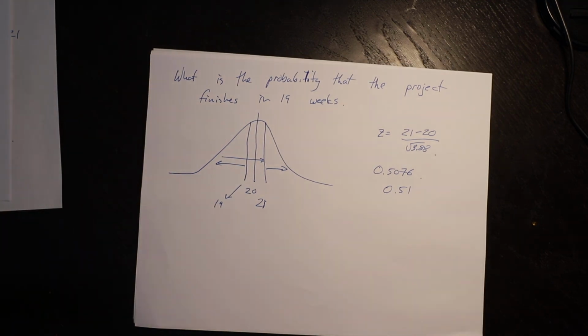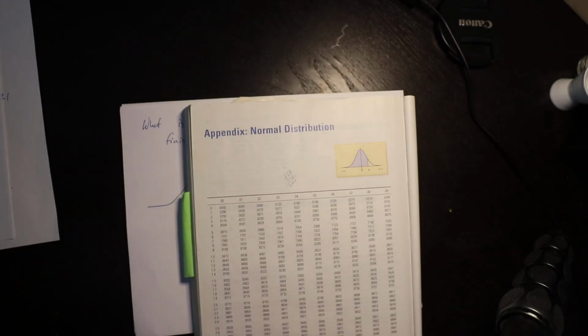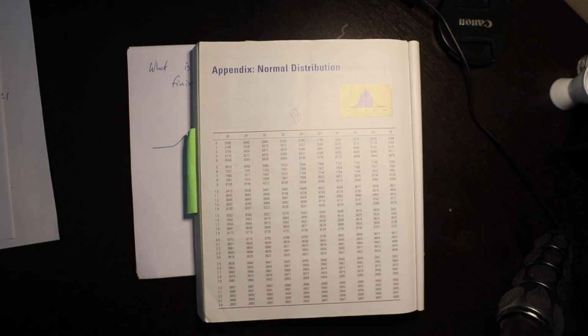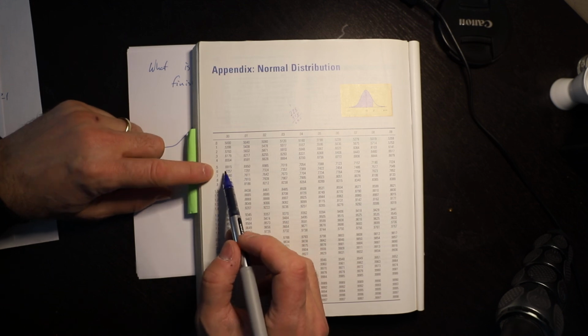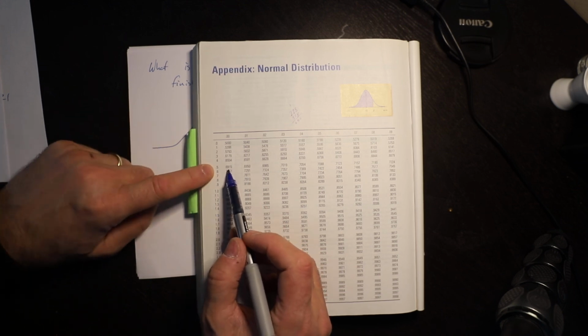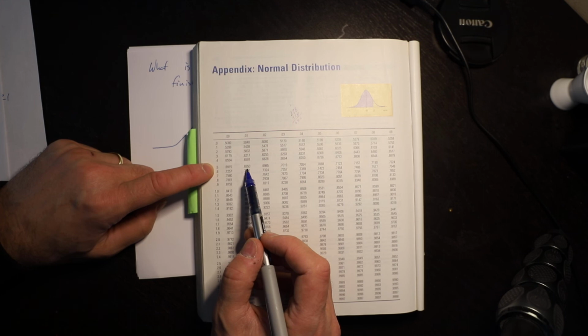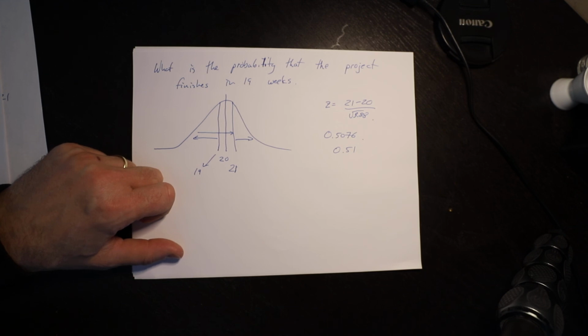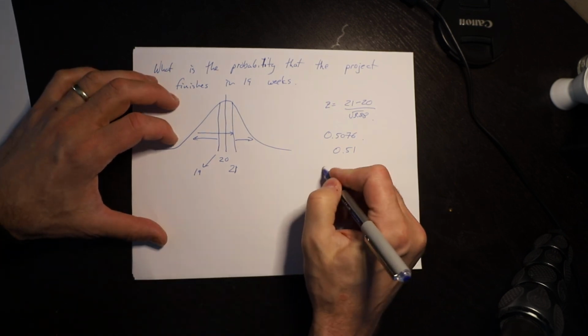I'm going to go back to the standard normal table. My camera tipped there, and I'm going to look at 0.51, and I'm going to get 0.6950.